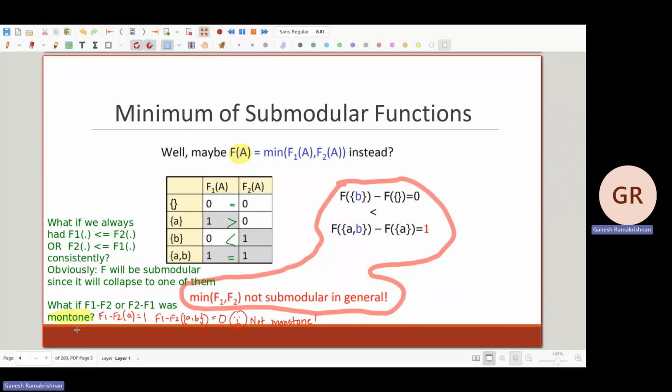So what are the takeaways? Takeaway one: I don't want to erase this. Give you a good message. So first is, prove that min and max of submodular functions are not submodular.